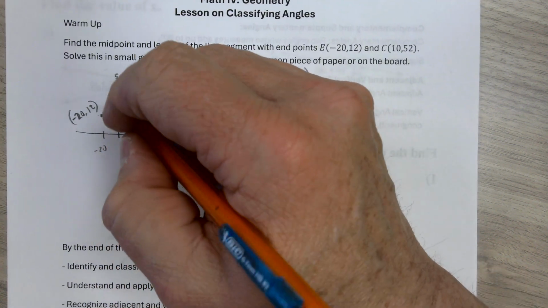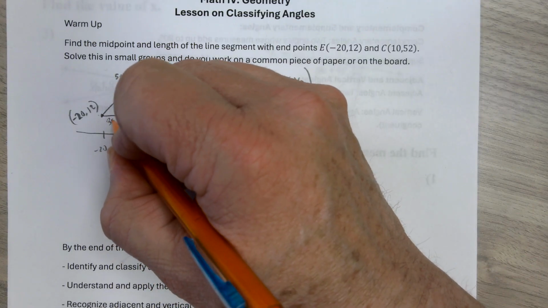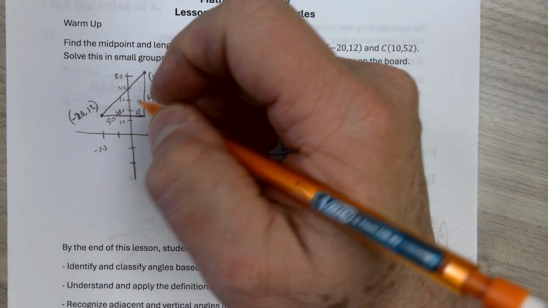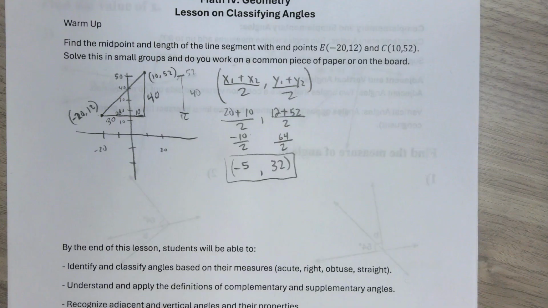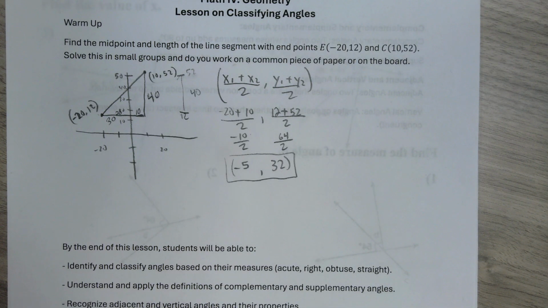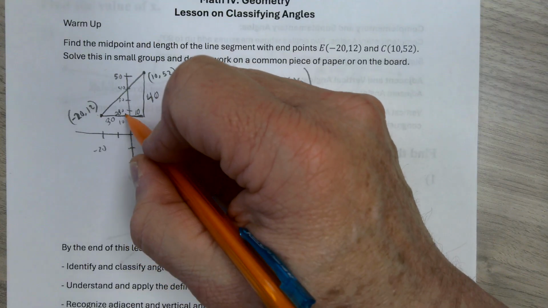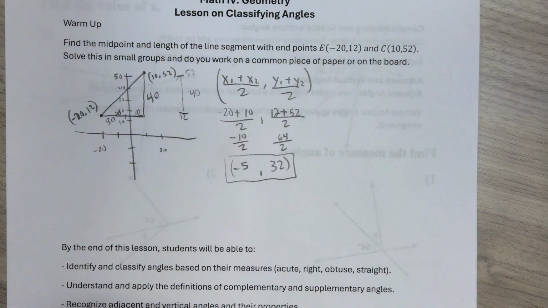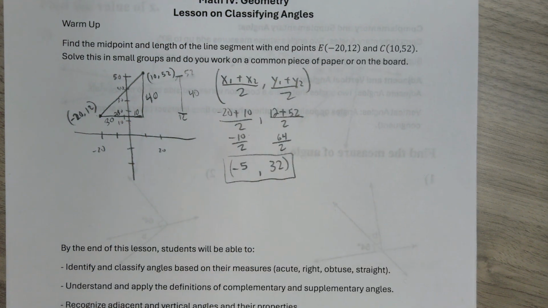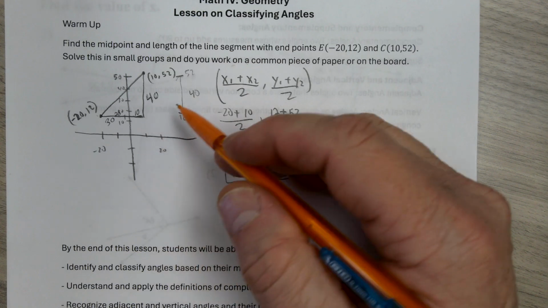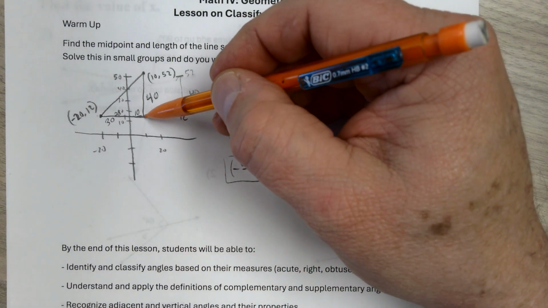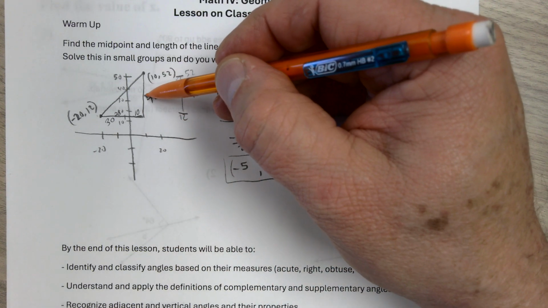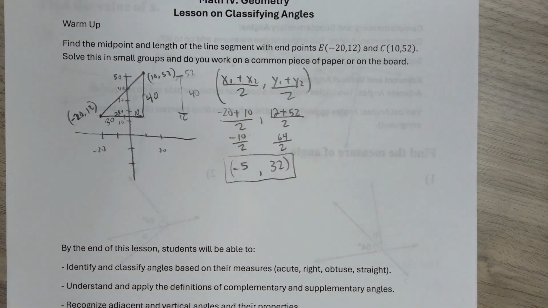This total length is 30. So halfway should be 15, right? Which would be somewhere here, which is your negative 5. And if this is 40, 20 would be your halfway mark, which, if this is 12, go 20 up, that puts you somewhere around 32. So this does work pretty well.